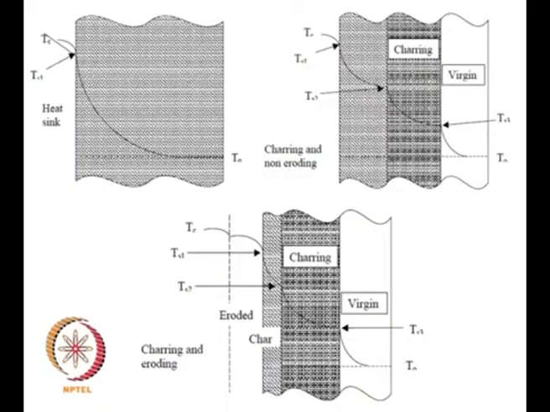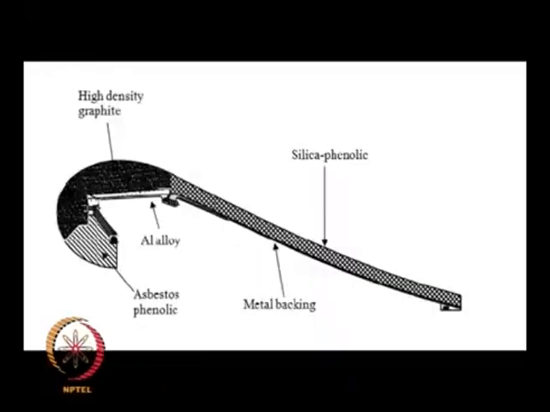And if you look at this figure here, you see that there is high density graphite and there is a backup material. There is some phenolic, asbestos phenolic, and also a metal backup. As such, the graphite can take high temperatures but not high pressures.